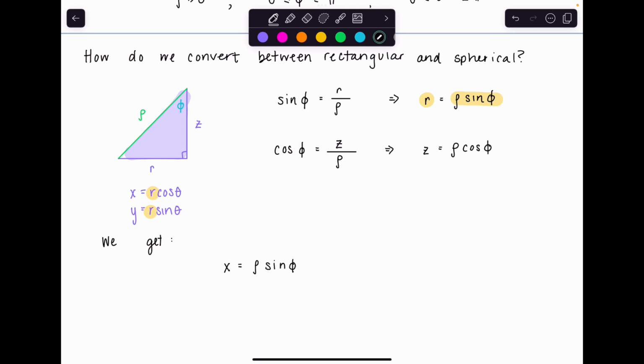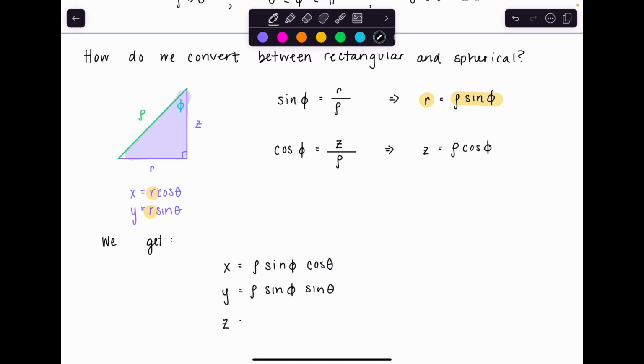So it's rho sine of phi cosine of theta, purely in terms of those three things for spherical. And then likewise, our y is r sine of theta, but replacing r by rho sine of phi, we've got rho sine of phi sine of theta.